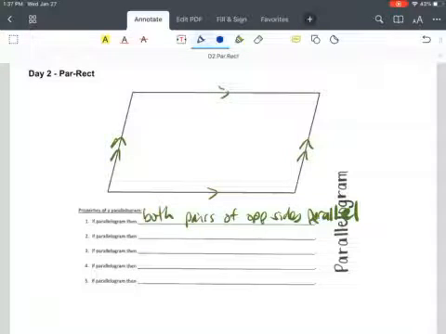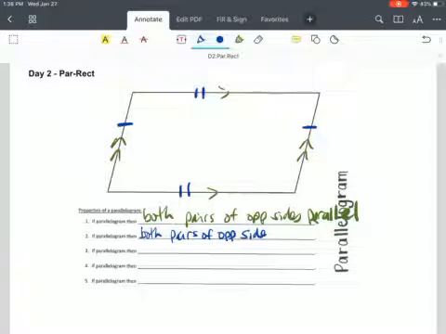Another property, not only are these opposite sides going to be parallel, but they are going to be congruent to each other. So both pairs of opposite sides would be congruent.